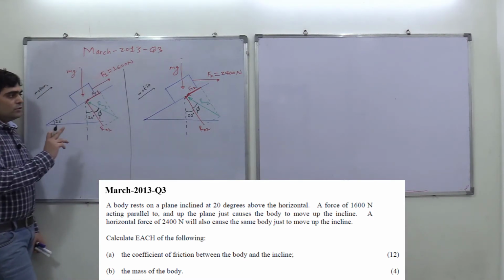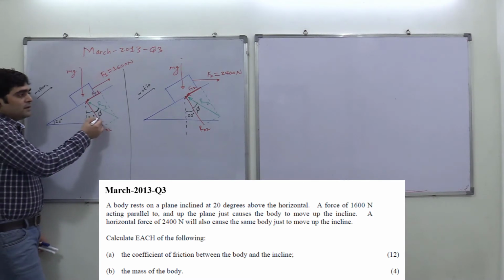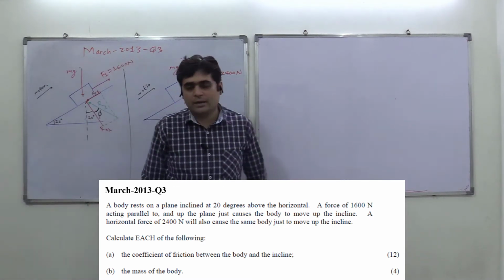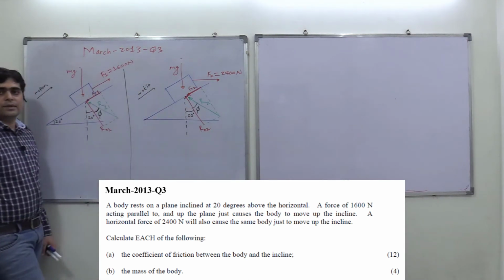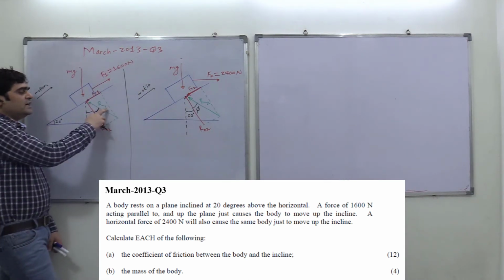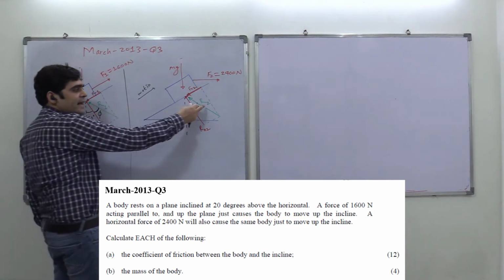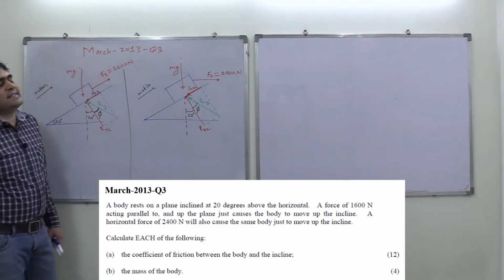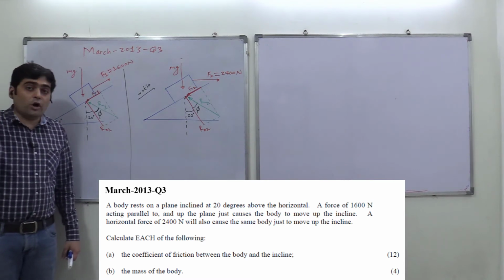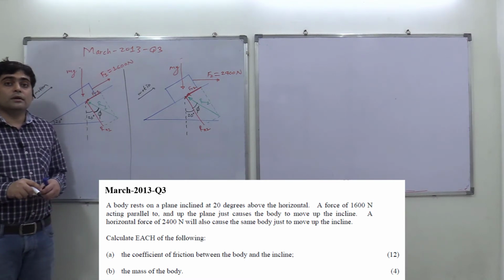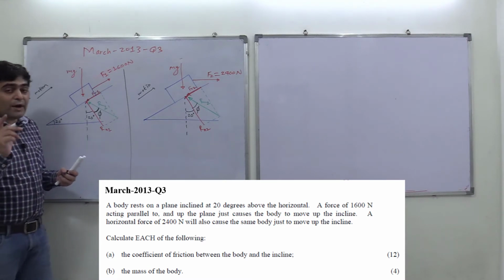Now, see, here also phi, here also phi. Why in both the scenarios is the angle phi the same? Here resultant reaction is R1, here resultant reaction is R2, but why is phi the same?